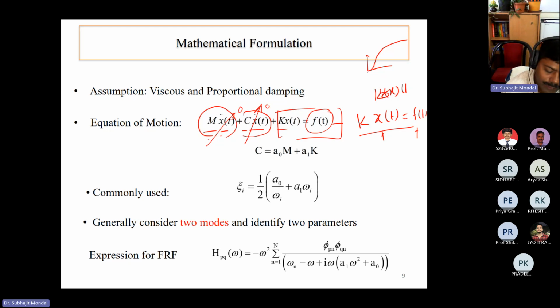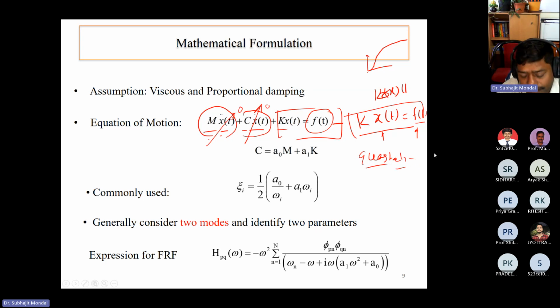But in practical application, force as well as displacement is a function of time, while the forcing function is such that it does not cause any acceleration to the system. Such a test we normally call quasi-static testing, or very frequently just static testing.